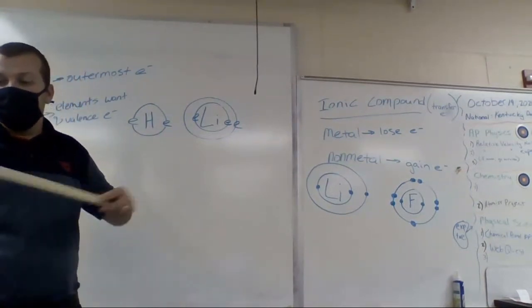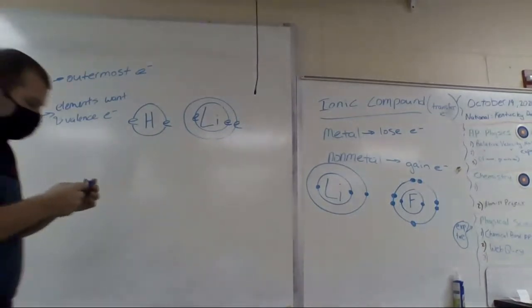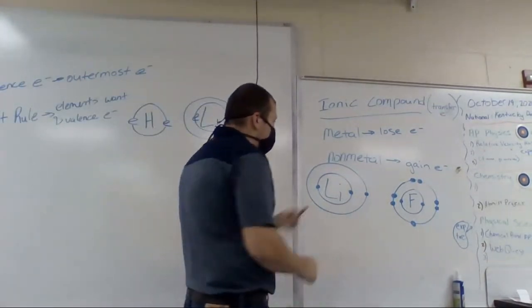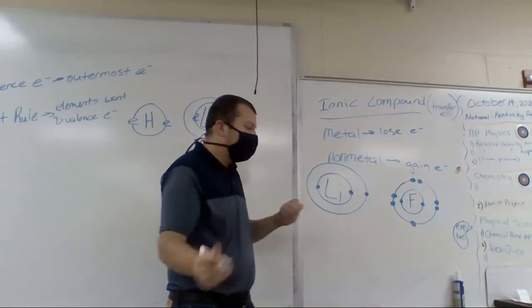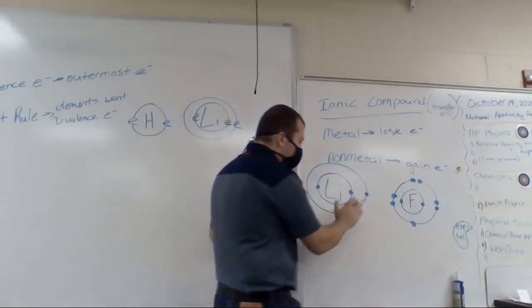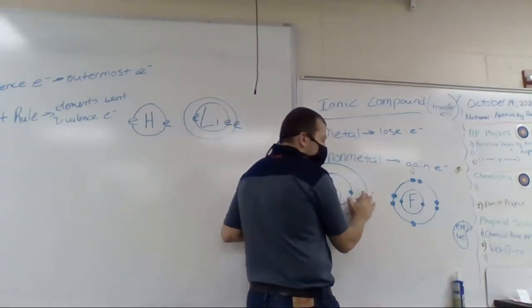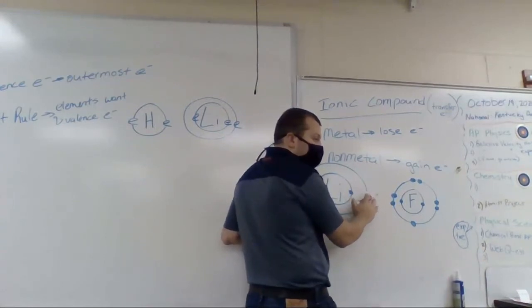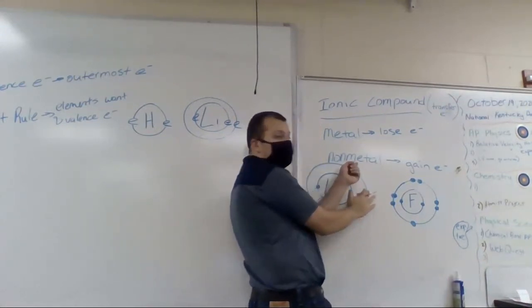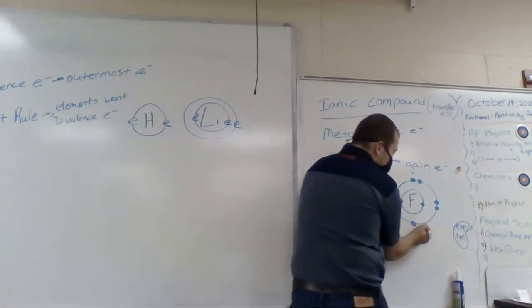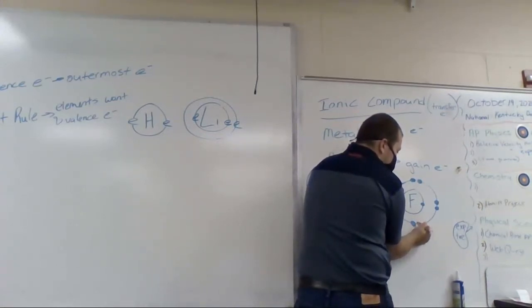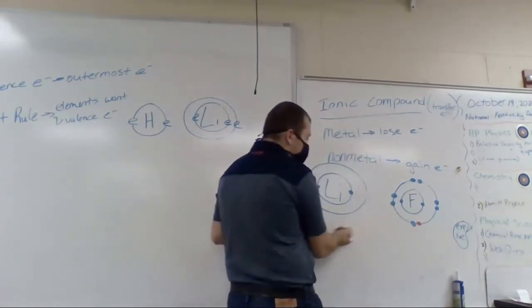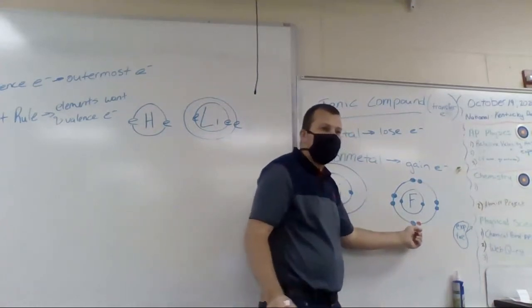Now, what I want you guys to see is lithium is my metal. So it's going to lose an electron. And what happens is my nonmetal gains an electron. So this lost an electron, and my nonmetal gained an electron.